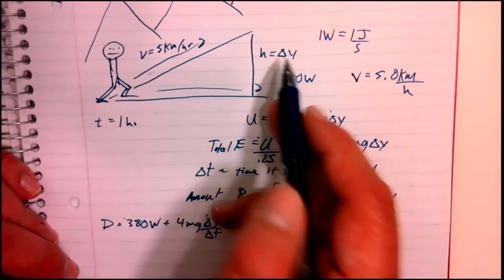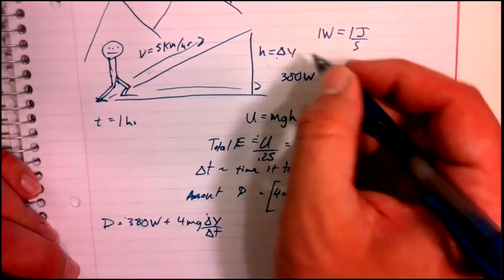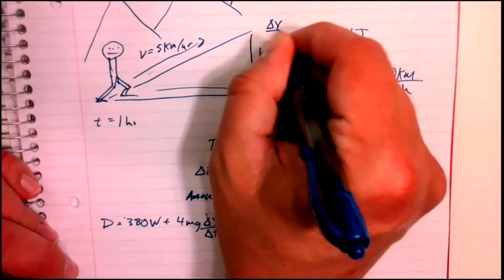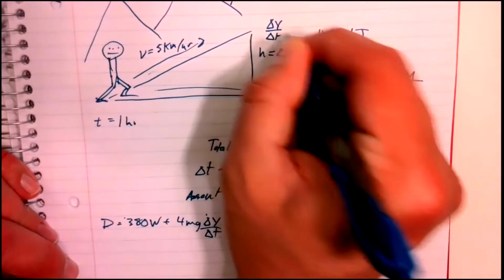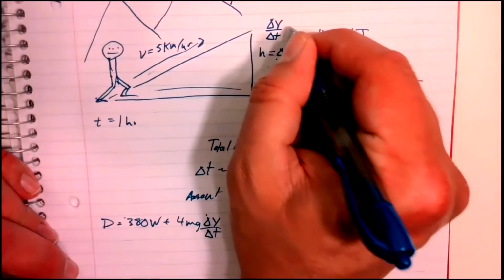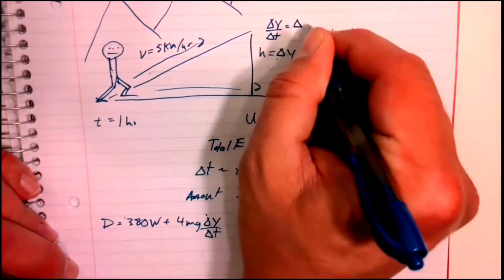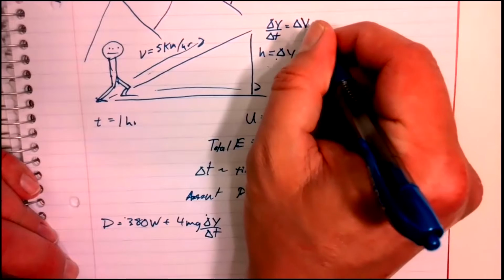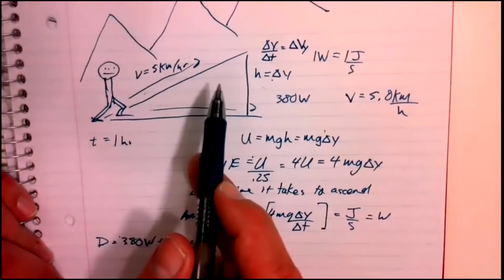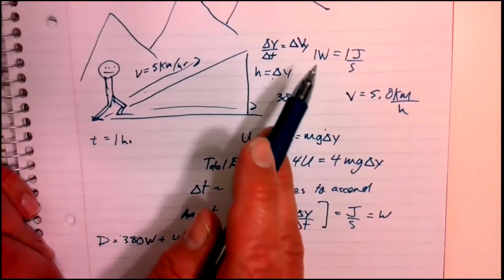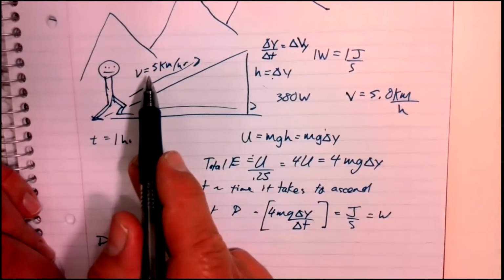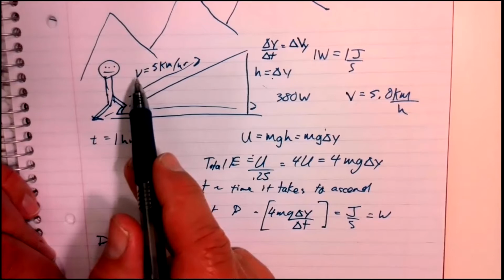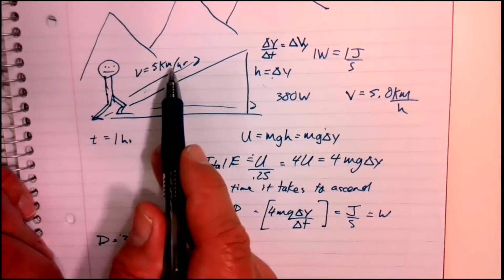Now, if we take delta y, our change in height, and we divide it by delta t, this is going to give us our velocity in the y direction. You see where I'm going with this? We know our velocity this way.